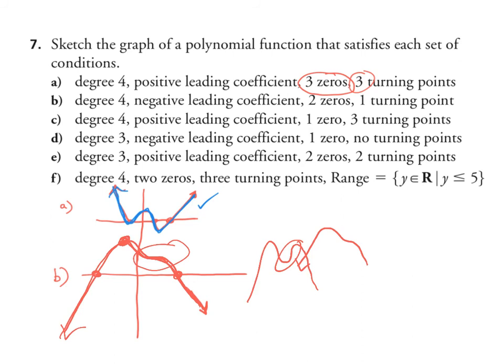That's the only turning point. So we have 1 turning point, that's good. We have 2 zeros, that's good. And it is degree 4 because of this little jog that I did here that took care of the shape to make it a 4th degree polynomial. And it has a negative leading coefficient because it ends downward.